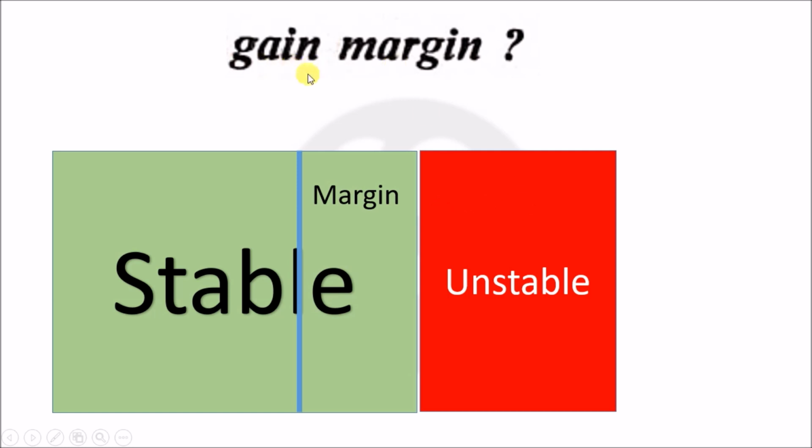So gain margin or phase margin, whichever: for gain margin, it is the value beyond which the system becomes unstable. Likewise, for phase margin also, it is the value beyond which the system becomes unstable. So this is the operating or stable area, and the rest is stored for some future purpose.